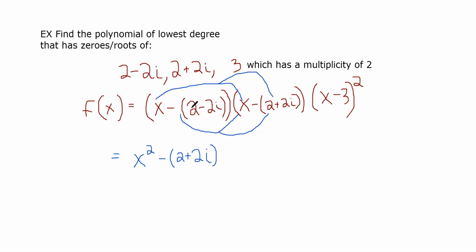And then we're basically doing minus 2i times x. And then we're doing negative 2 minus 2i times negative 2 plus 2i. Those negatives are going to cancel out.